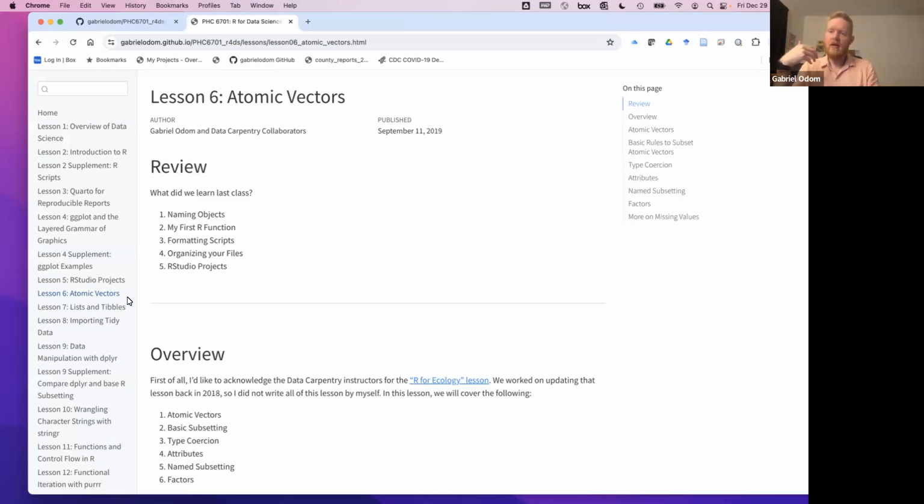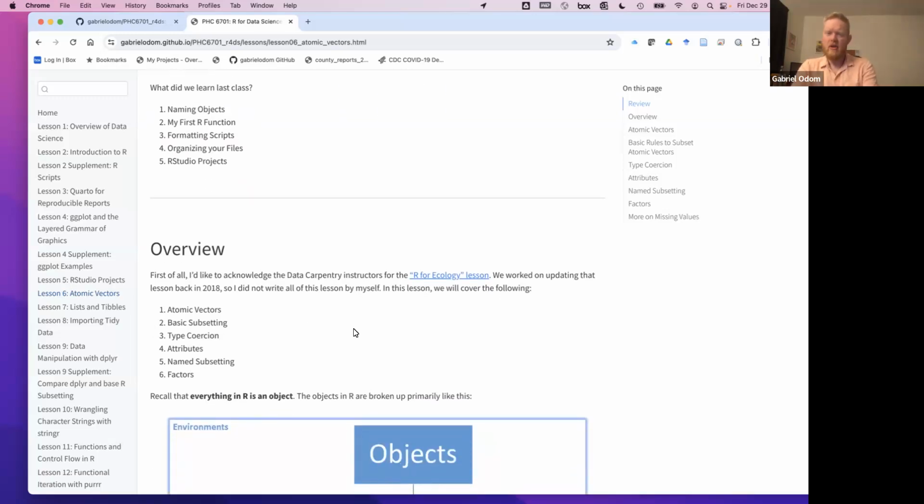But when I'm interacting with folks who are new R programmers, these are some of the places where they get stuck. And I want us to understand the different data structures. This can be challenging, especially if you've never written in any computer programming language before. So let's dive in.